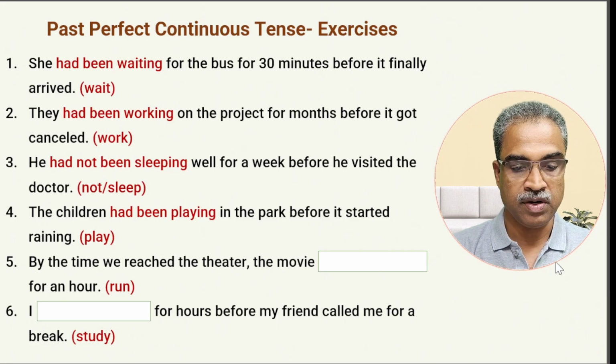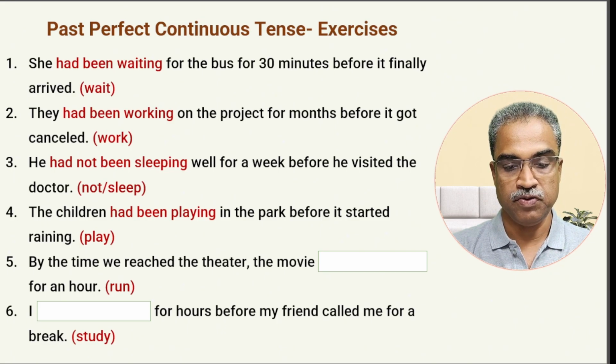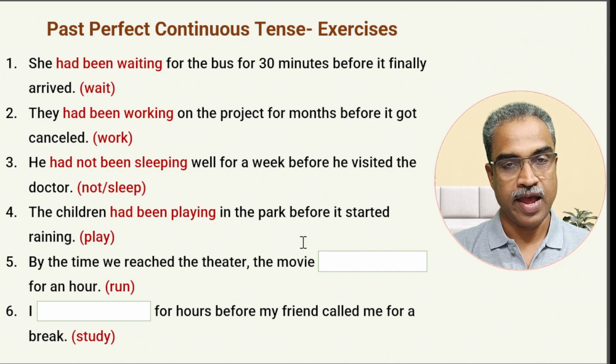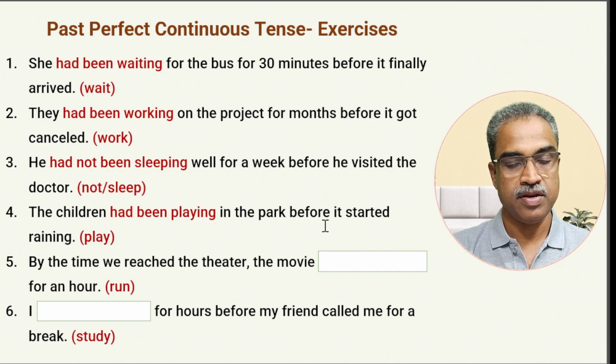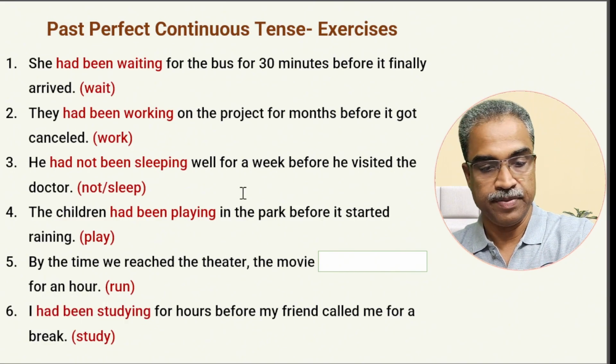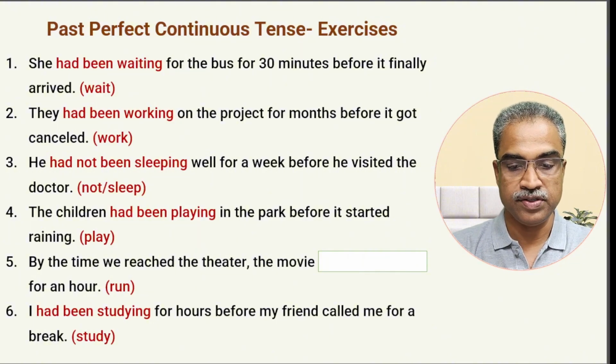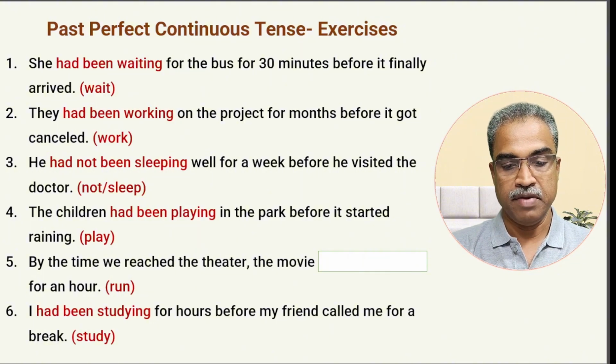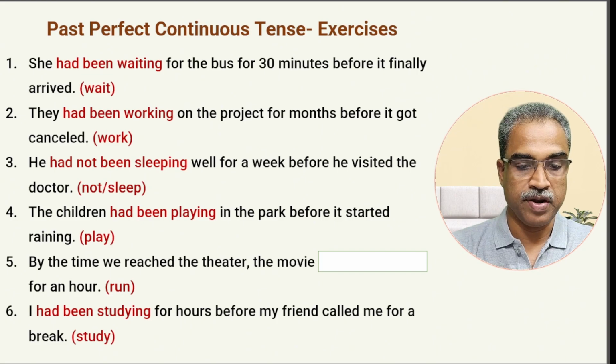And the last one, I dash for hours before my friend called me for a break. I had been, next word, study plus ing. I had been studying for hours before my friend called me for a break.